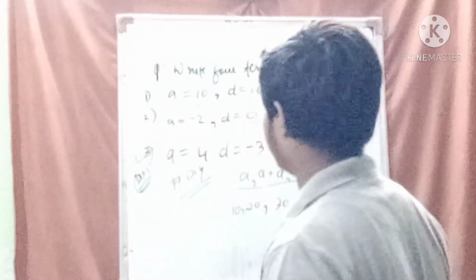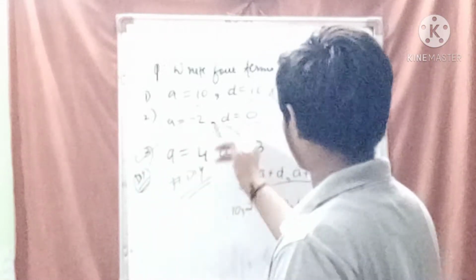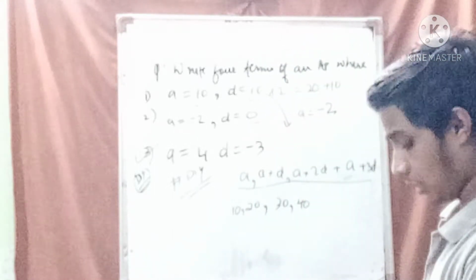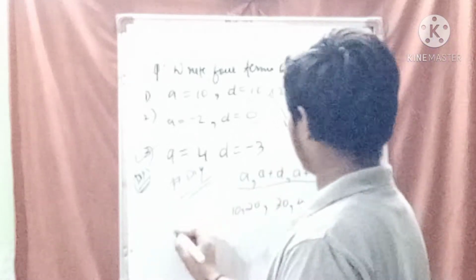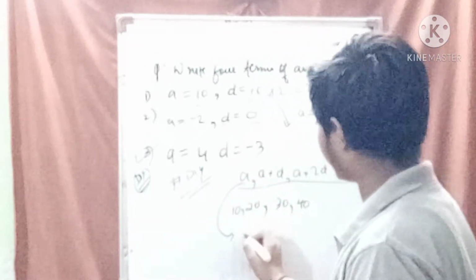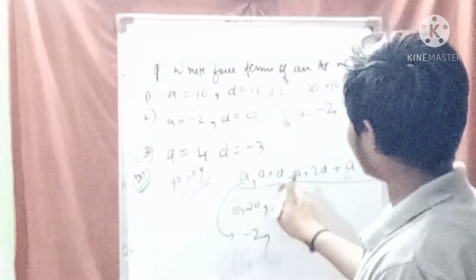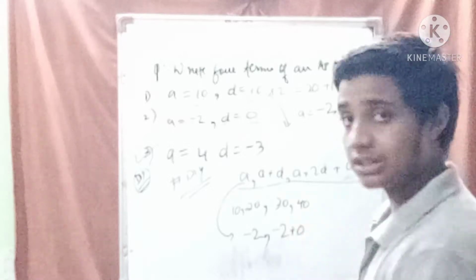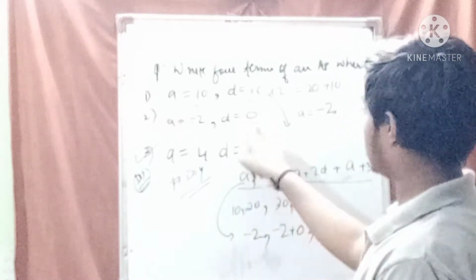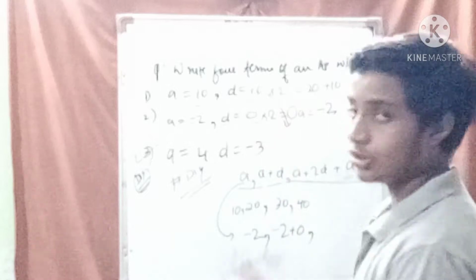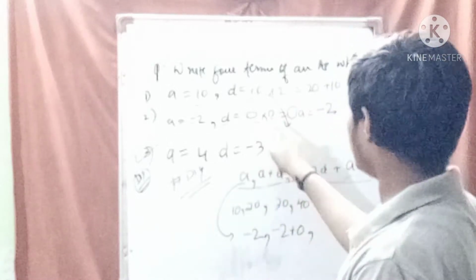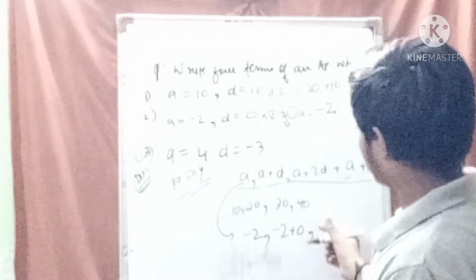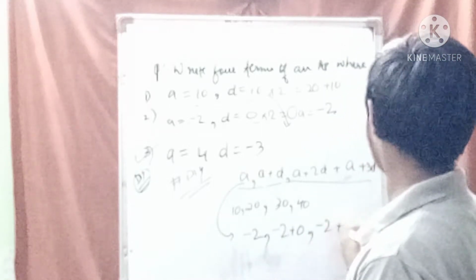Here A is equal to minus 2, and D is 0. Putting it in this formula, the first value is minus 2, then A plus D, minus 2 plus 0, is minus 2. Then A plus 2D, 0 into 2 is again 0, so minus 2 plus 0 is minus 2, and so on.